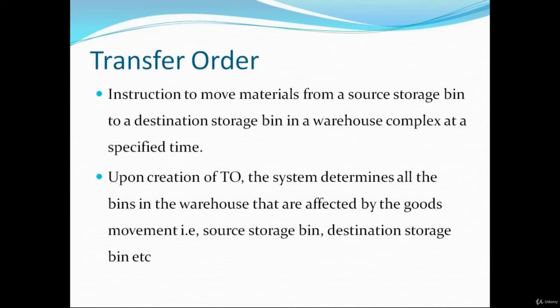So if you want to reverse the process, you need to create another transfer order from B to A. The material will be moved from B to A by the warehouse operator. Then if we confirm it, the material will be brought back to A.